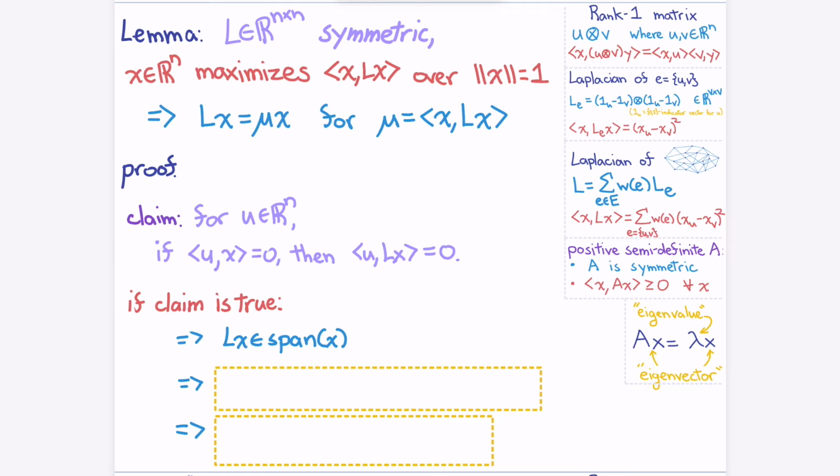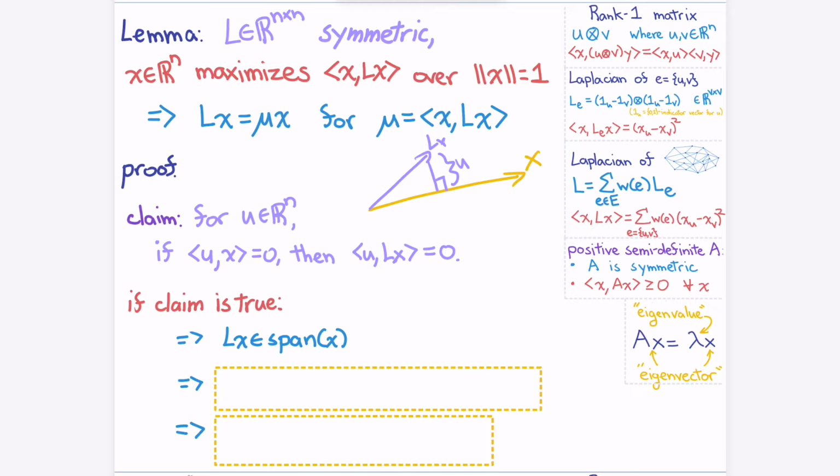So you have some direction x, and we're claiming that Lx has to be somewhere along this line, because if Lx jutted off like this, then this part here, this u, would give you some issues in that orthogonal subspace.